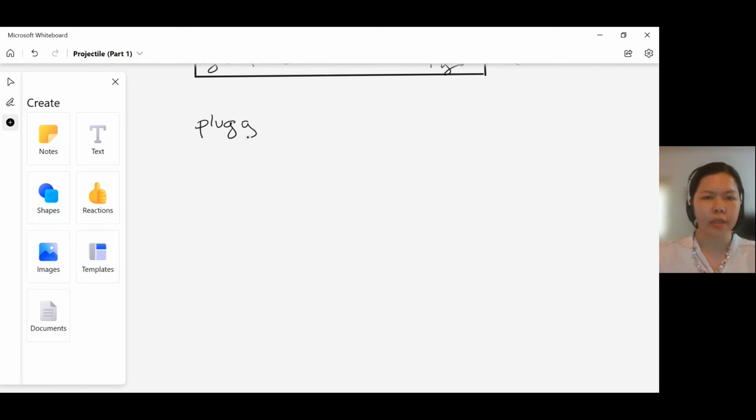So plugging 3.1.E into 2.3, we have, I'm copying 2.3, y sub f equals v naught y times t plus 1/2 gt squared.